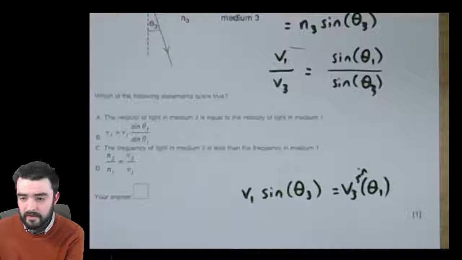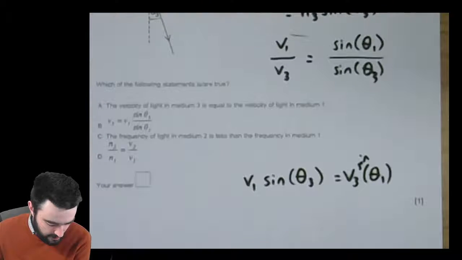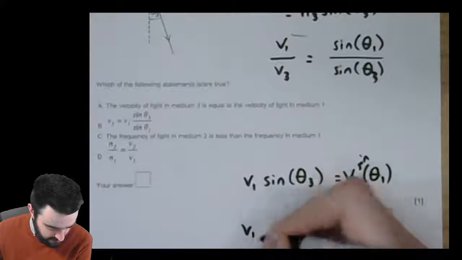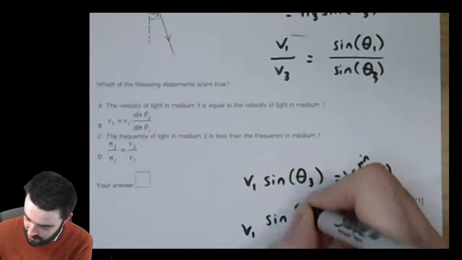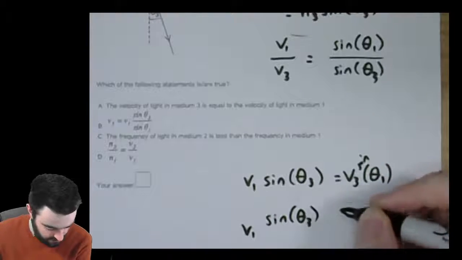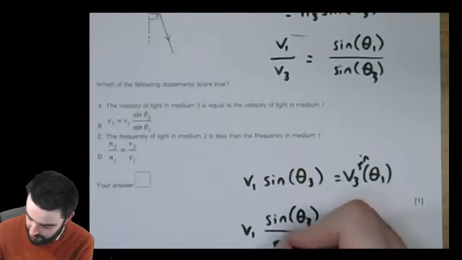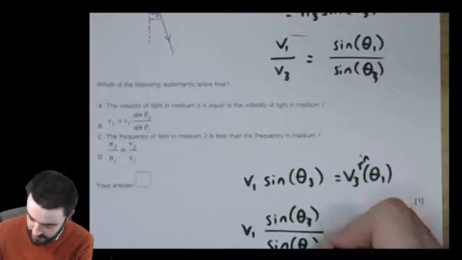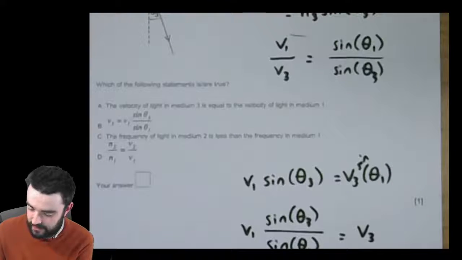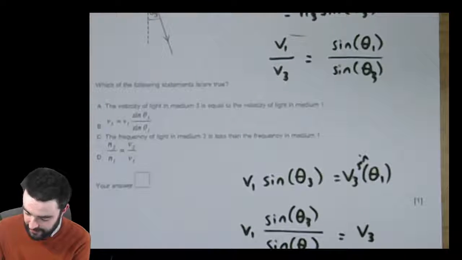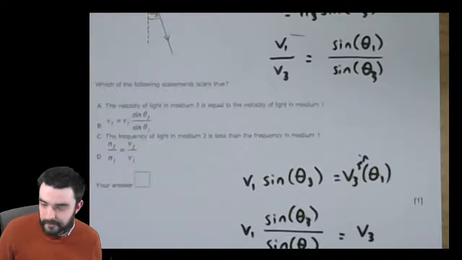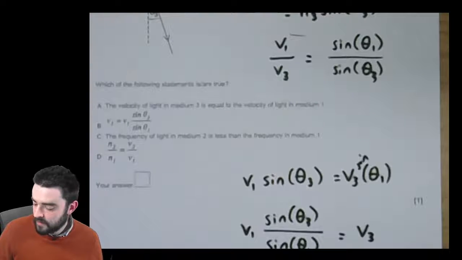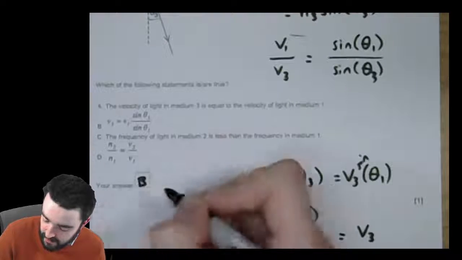Oh, sorry, missing it there. And then when we rearrange this, we can say that V1 sine theta 3 divided by sine theta 1 is equal to V3, and so it's going to be B. Okay? So by that we can say that it is B.